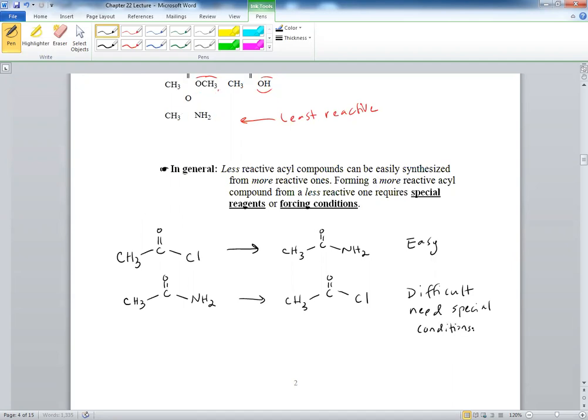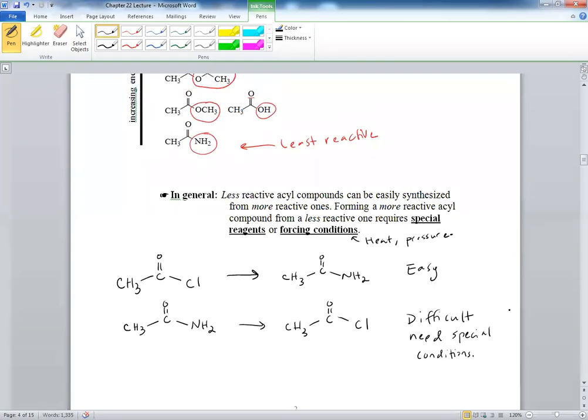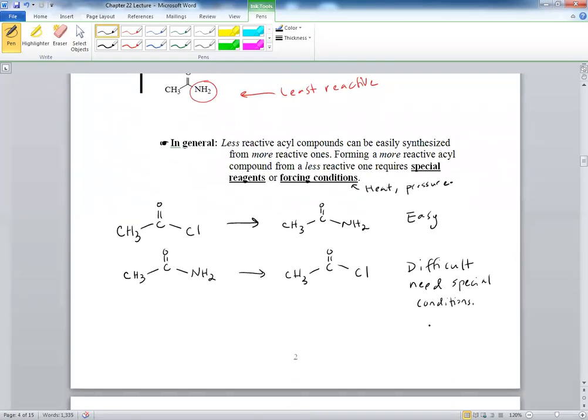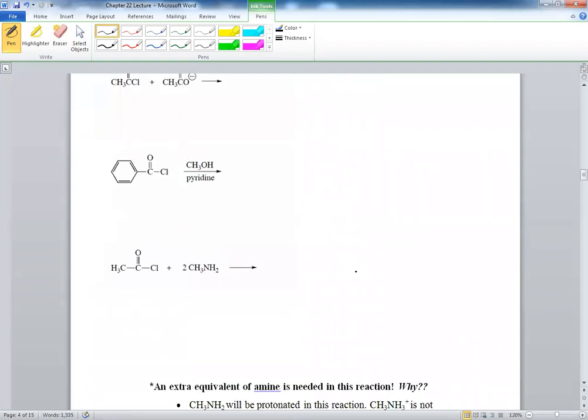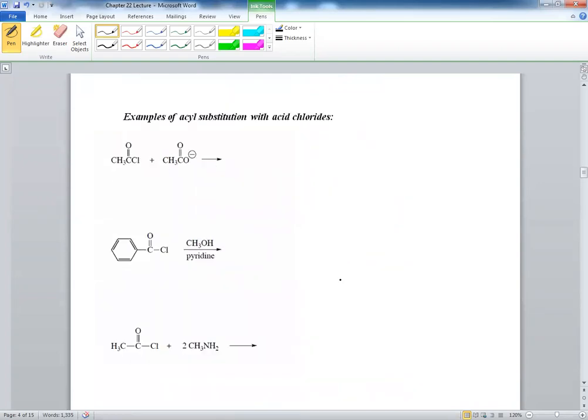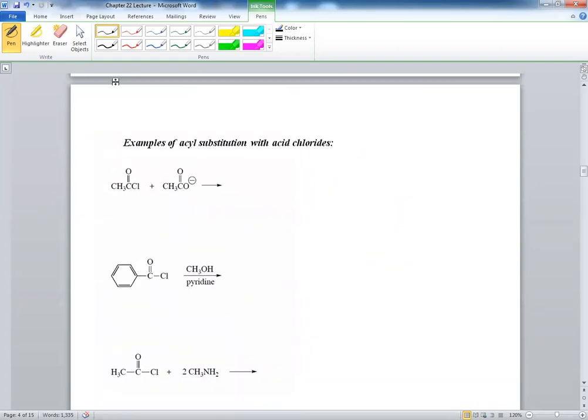So forcing conditions, heat, and generally pressure, in case that applies. So that's what we're trying to say here in this reaction. So let's take a look now at some examples of acyl substitutions with acid chlorides.